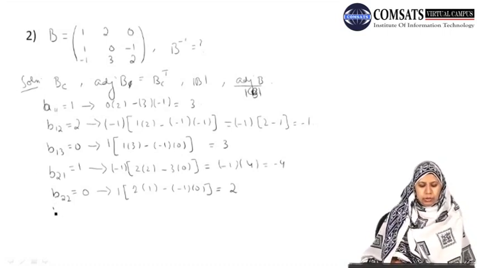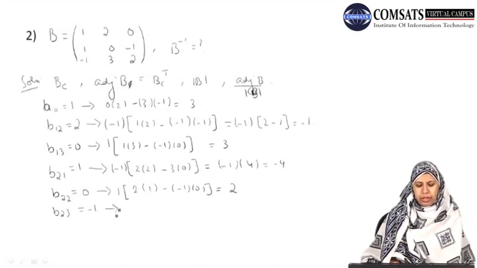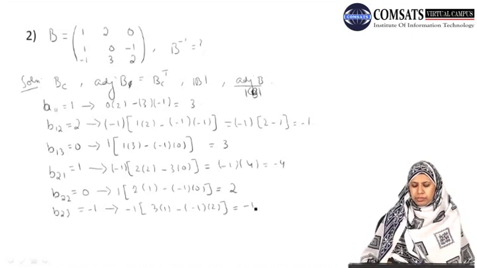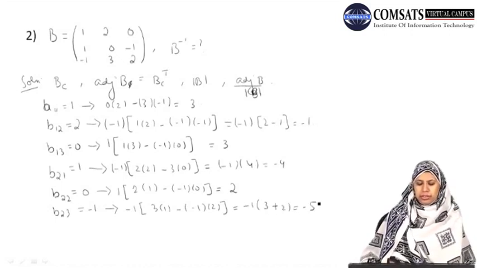Okay, now the cofactor for the entry B23, the entry itself is -1, and the number associated with it will be -1, and we obtain 3 into 1 minus -1 into 2, which is equal to -1 into 3 plus 2 is -5.